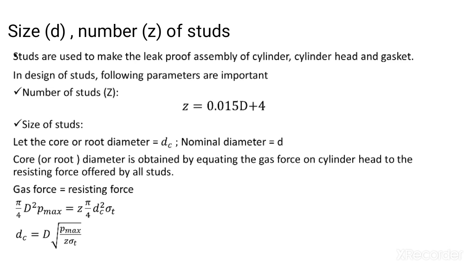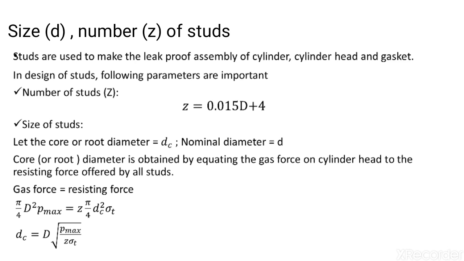Size of studs. Let the core or root diameter be d_c and nominal diameter be small d. Core or root diameter is obtained by equating the gas force on cylinder head to the resisting force offered by all studs.